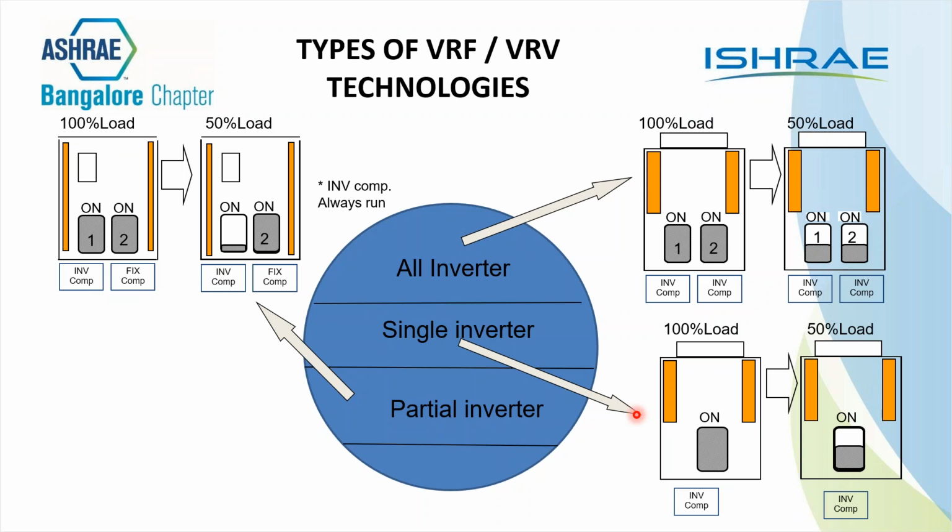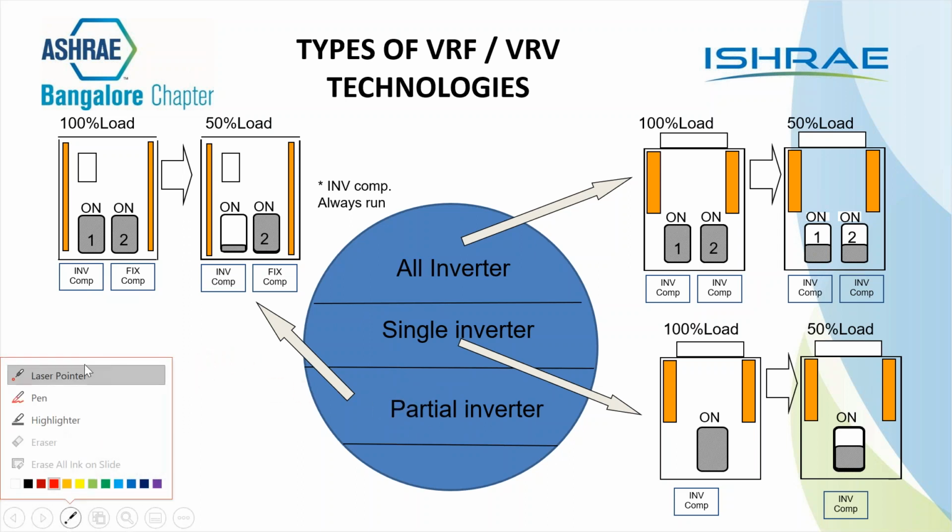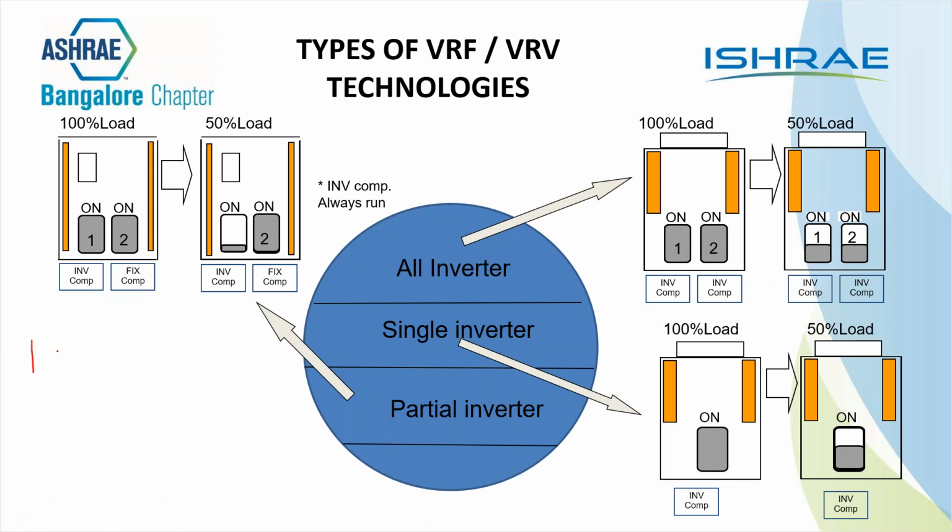Let us understand. These are known as multiple compressor systems in a partial inverter system. What happens is, let us say for example, you have a 10 HP system here which has 2 compressors.